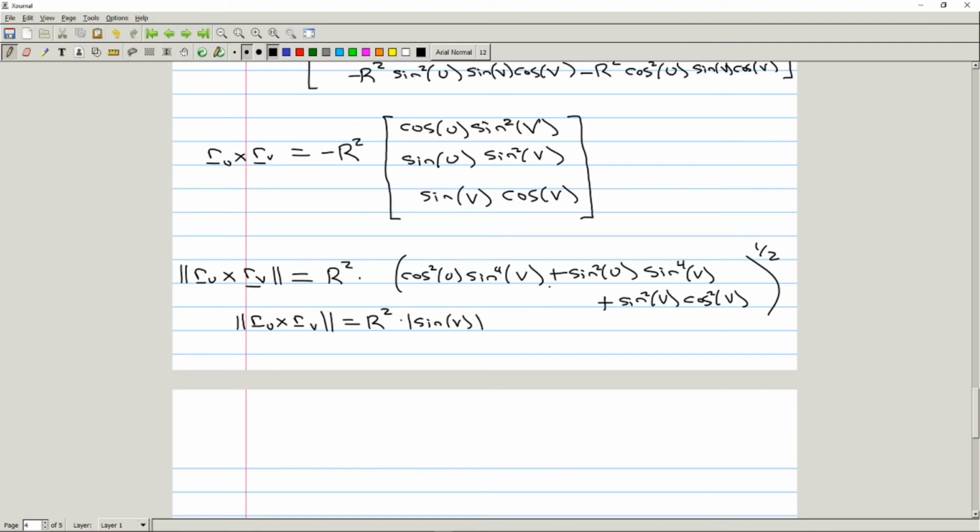And then what you're left with when you factor out, well, this is cosine squared plus sine squared of u, which is 1. And what you're left with is just sine squared plus cosine squared, which is the square root of 1.